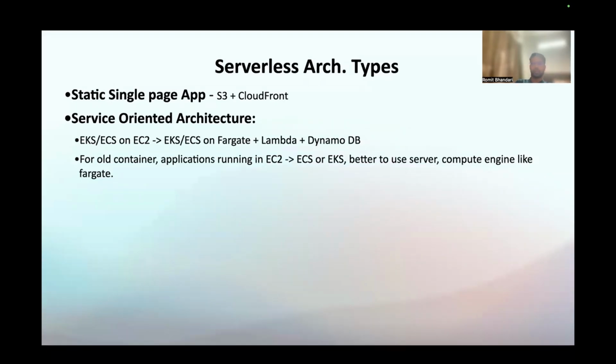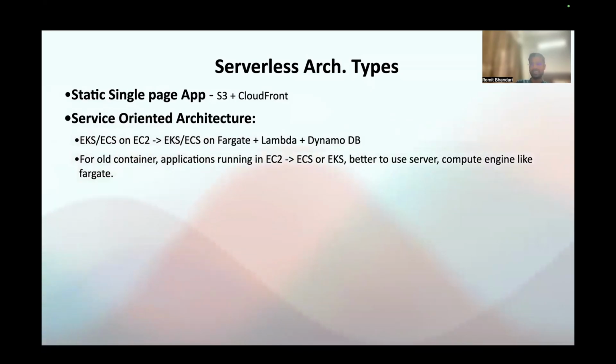Now what are the serverless architecture types? Static single page apps, you can use S3 plus CloudFront. For service oriented architecture, you have EKS, ECS on EC2, EKS, ECS on Fargate plus Lambda plus DynamoDB.